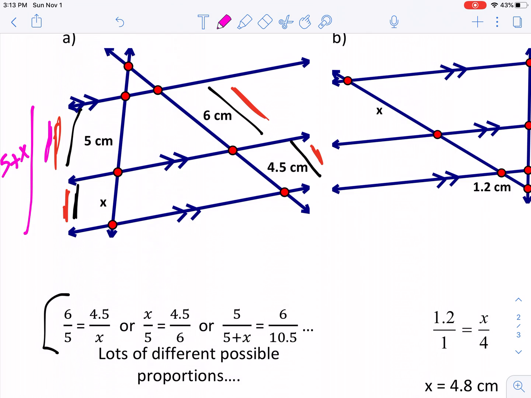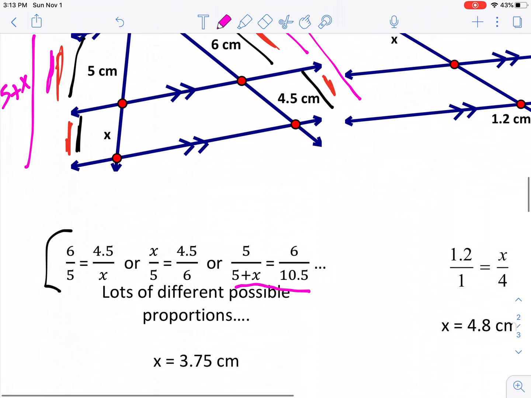Because they don't tell us the total length here, so the distance between here and here would be 5 plus X. So 5 centimeters over the total length of 5 plus X should be the same as 6 centimeters over the total length. To find the total length, we would take 6 plus 4.5, which is 10.5. So that would be the same thing as 6 over 10.5. So 5 over 5 plus X would be the same thing as 6 over 10.5. All of those are valid ways that you could solve for X.